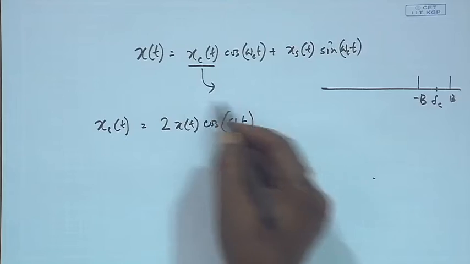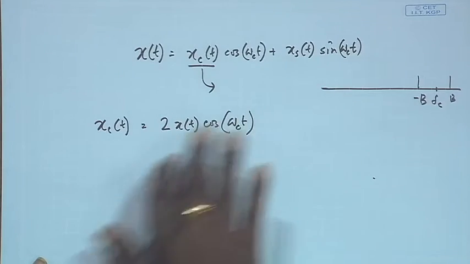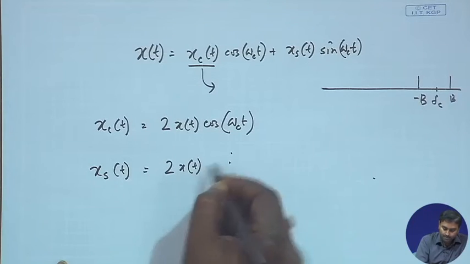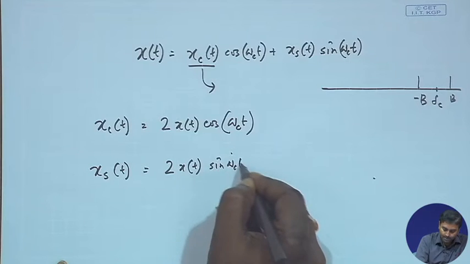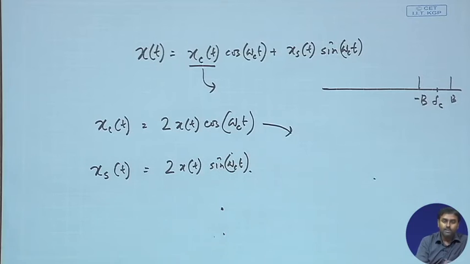So, it remains this, only we have to make sure that it is within that band minus b to plus b. Okay. So, that is actually x c t, which is the low pass equivalent. Of course, it has to be passed through an ideal low pass filter, and x s t similarly should be 2 into x t sin omega c t, right.